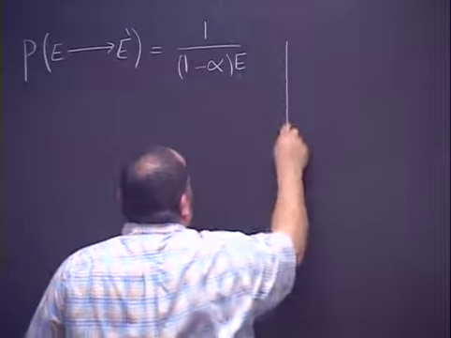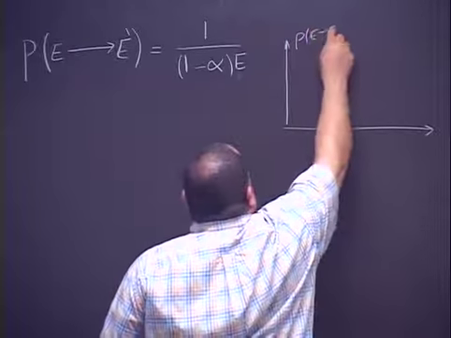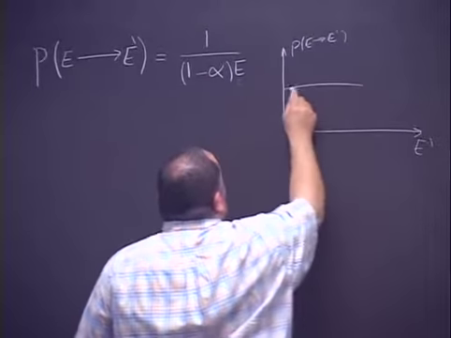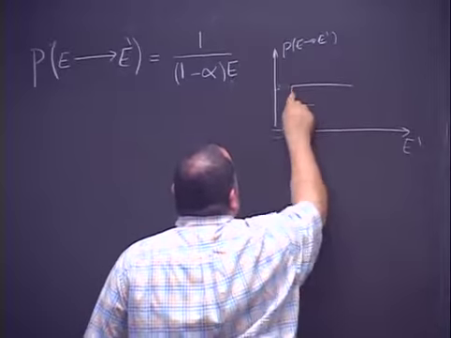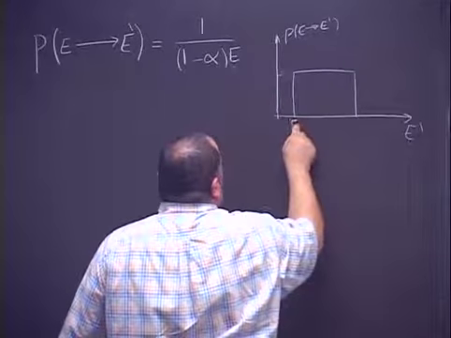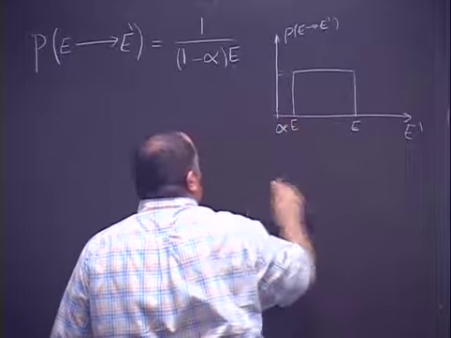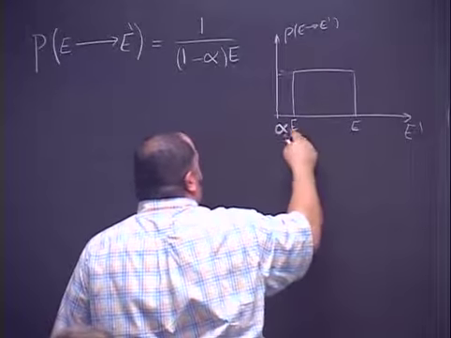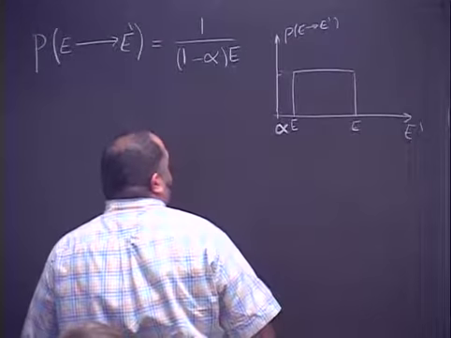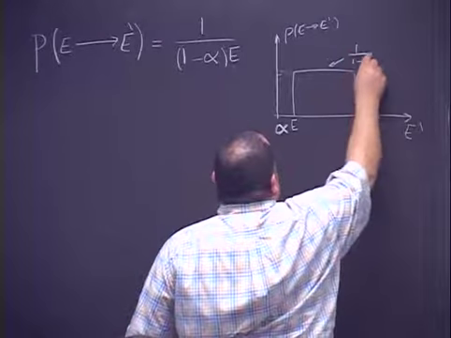If you plot the probability P of E going to E prime versus E prime, you will notice that it is a constant value and ranges from alpha E to E. This is the initial energy, this is the final energy, but in between those two limits it does not depend on the energy, and this probability is just 1 over (1 minus alpha) multiplied by E.